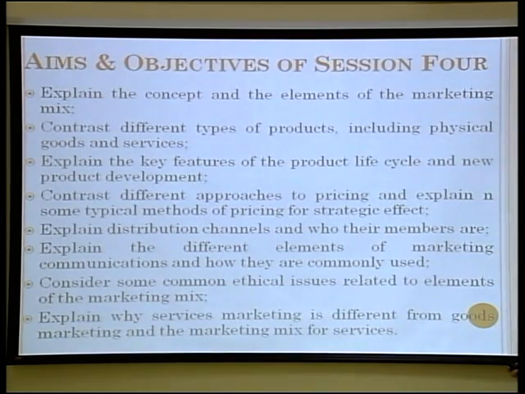You need to know the difference between physical products and services. Explain the key features of the product life cycle and the new product development. What do you mean by product life cycle? What do you mean by a new product development? How to develop a new product.